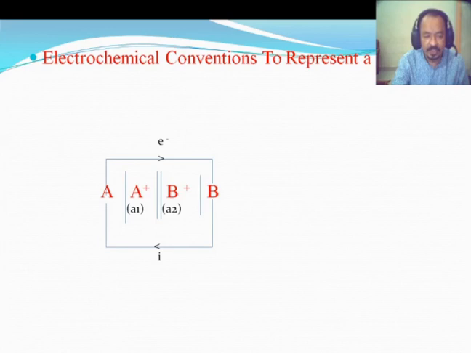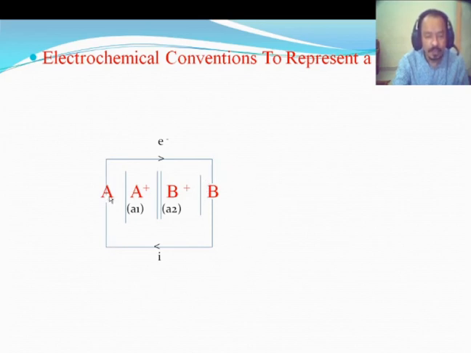The electrode which has a low electrode potential, which acts as a negative electrode at which oxidation occurs, is written on the left hand side, whereas the electrode at which reduction occurs, which has a high reduction potential, which acts as a positive electrode, which is the cathode, is written on the right hand side.